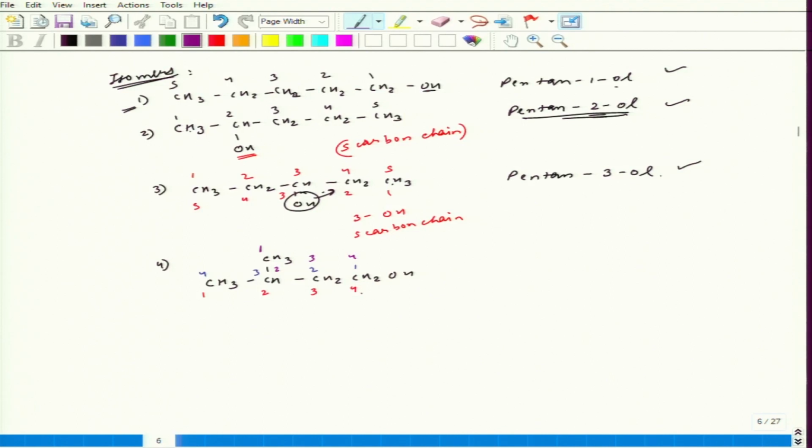Okay. So what will happen in this? This red marking will straight away be cancelled. Why is it so? Because the functional group is preferred while numbering the carbon chain.